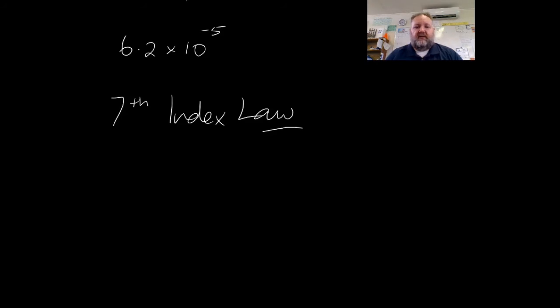Okay, so the 7th index law is really a law that is about these negative numbers. Let me write it down for you here. A to the power of negative m is equal to 1 over a to the m.